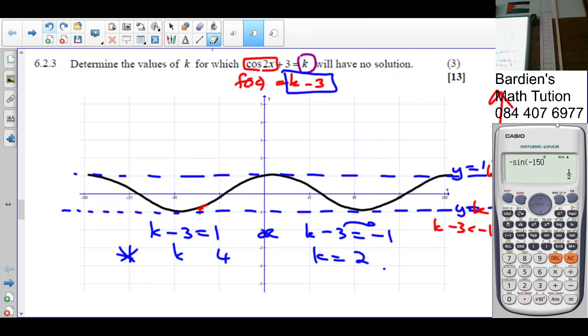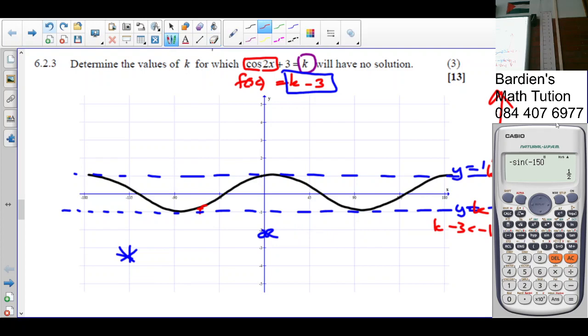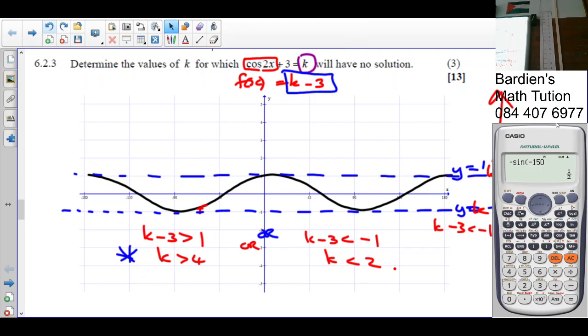So k minus 3 is more than 1, so k is greater than 4. Or on the other hand, k minus 3 is less than negative 1, so k is less than 2. So either k has to be more than 4, or k has to be less than 2. Okay, I hope you understand this point.